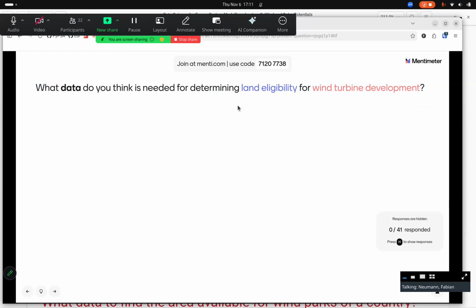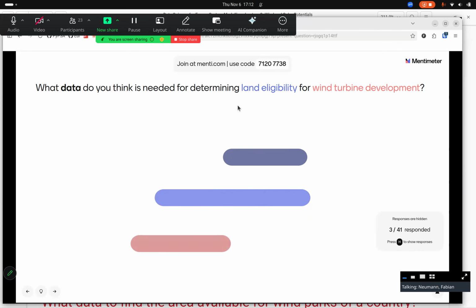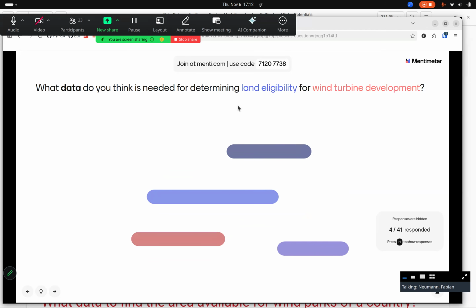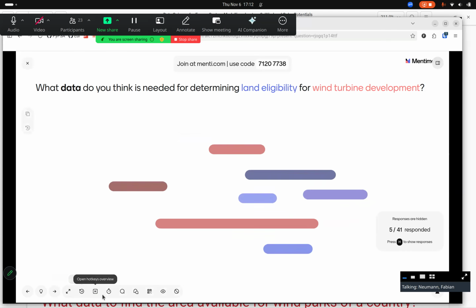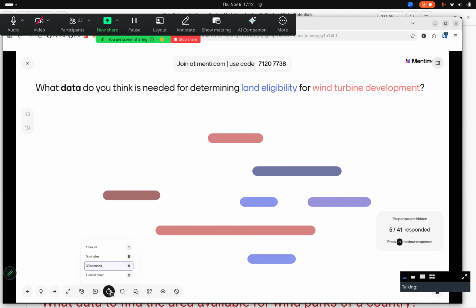But the actual question I wanted to ask, looking at these land eligibility criteria, some of them I already mentioned, but what data do you think we need for determining land eligibility, in particular for wind turbine development? What factors should we consider? A few I mentioned, but there are many more. And maybe let's give you some time to do that.